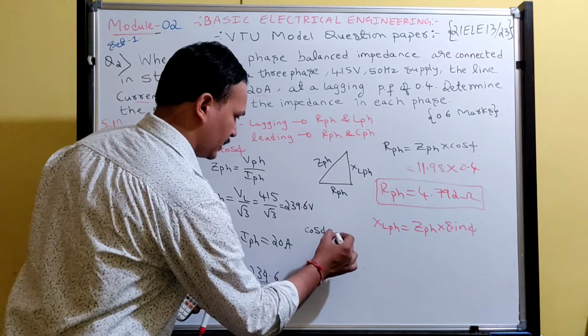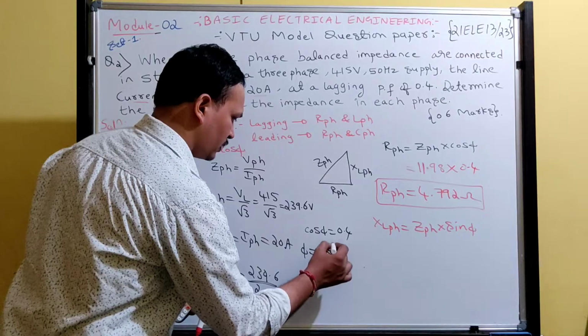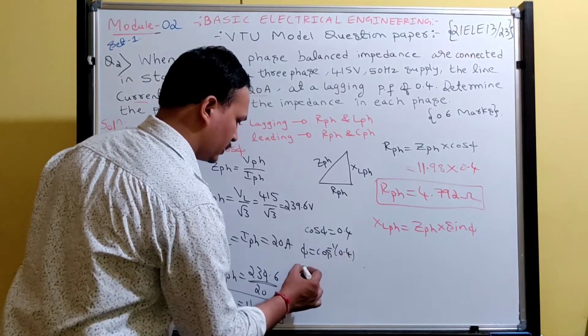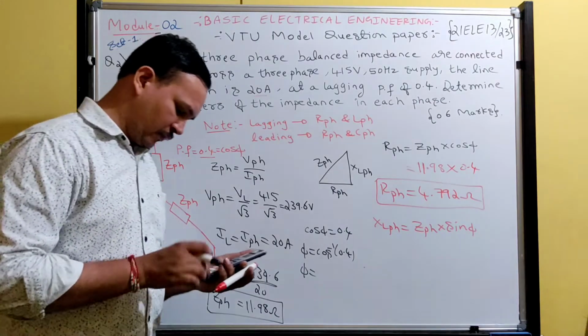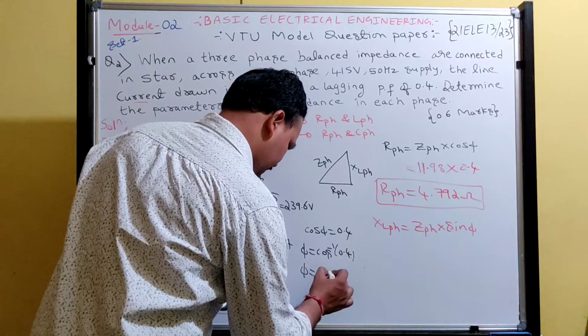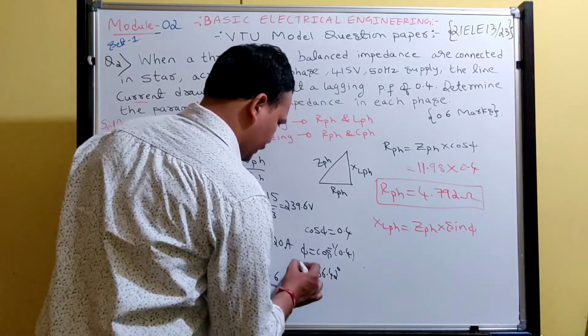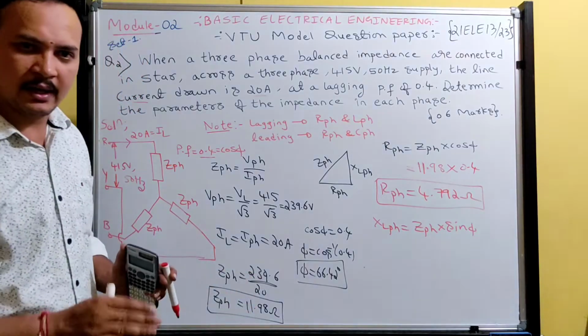See, cos φ is 0.4. Now φ is equal to cos inverse 0.4. So we get the φ value. Shift, cos inverse 0.4, getting 66.42 degrees. This is the value of φ.